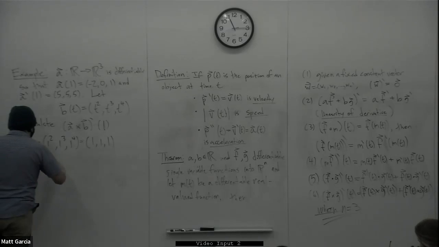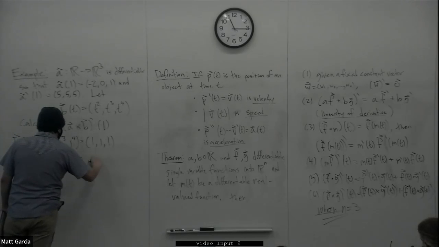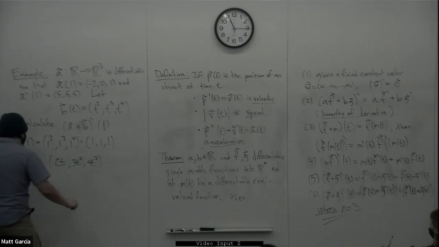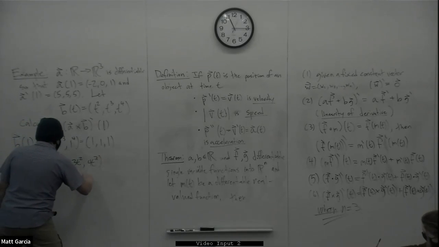Yeah, so what is that? Very good, or t cubed. Excellent. Now we can evaluate b hat prime at 1. We get 2, 3, 4.